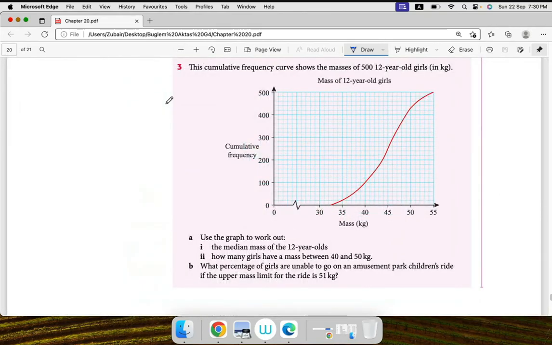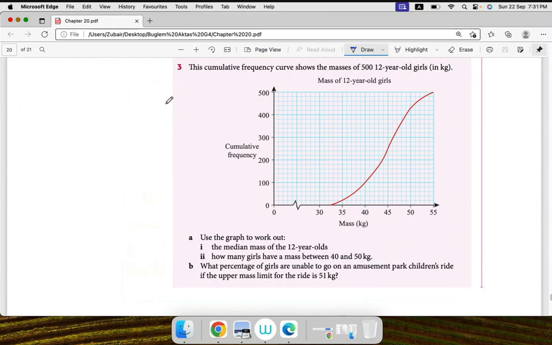This cumulative frequency curve shows the masses of 500 12-year-old girls in kgs. I think this would just resemble that example we discussed, masses of students at school.